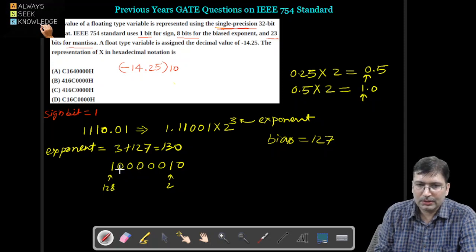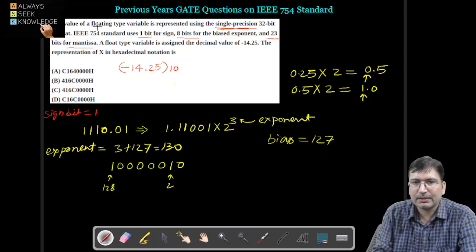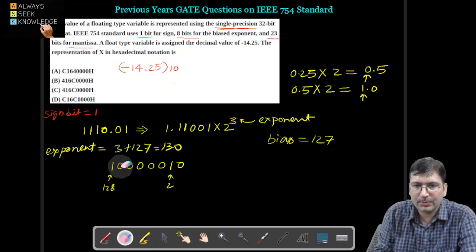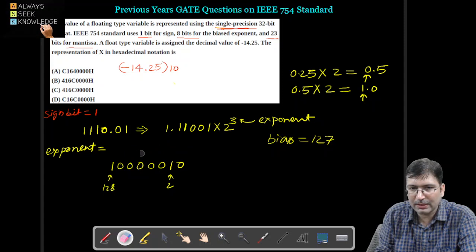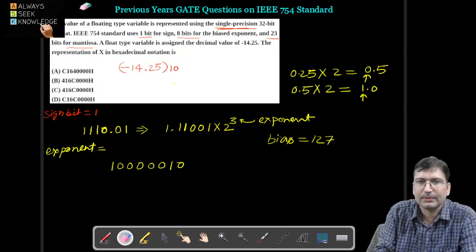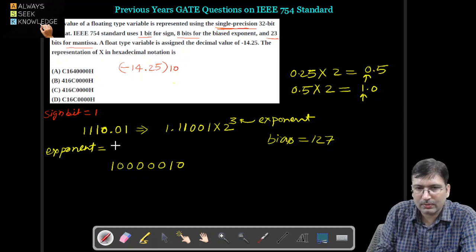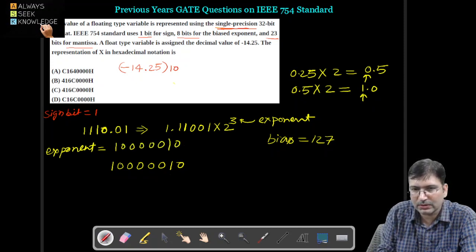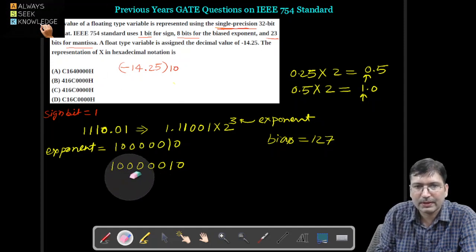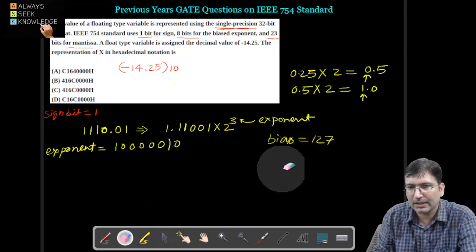So the value of the exponent is 1 0 0 0 0 0 1 0.